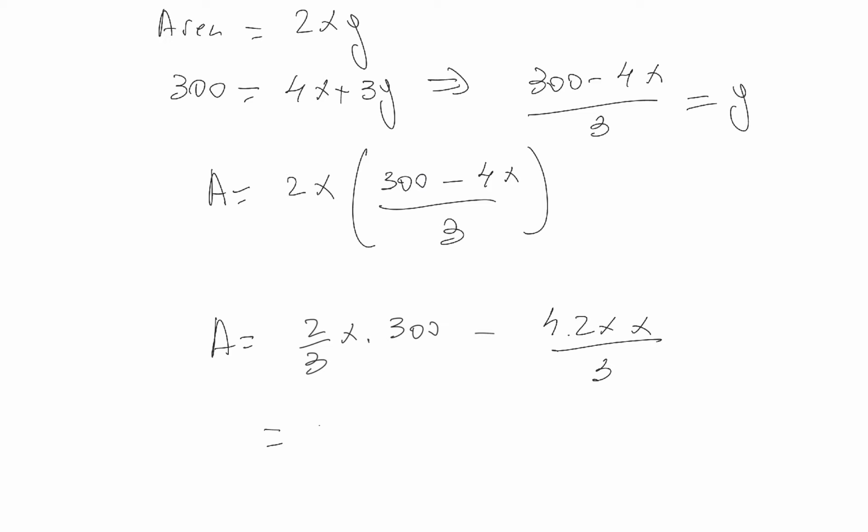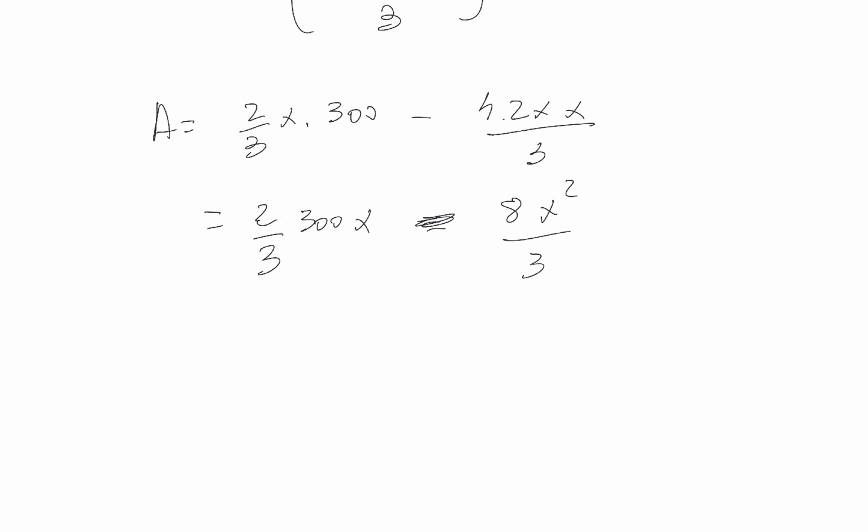So it will be 2/3 x, 300 divided by 3 is 100, minus 4 by 2, 8x squared divided by 3.